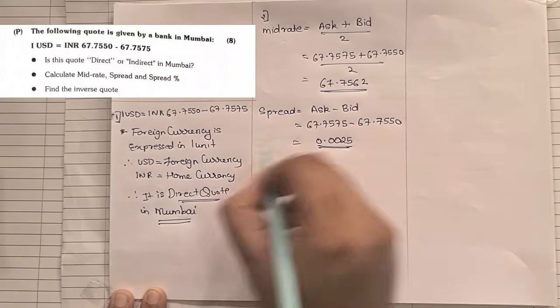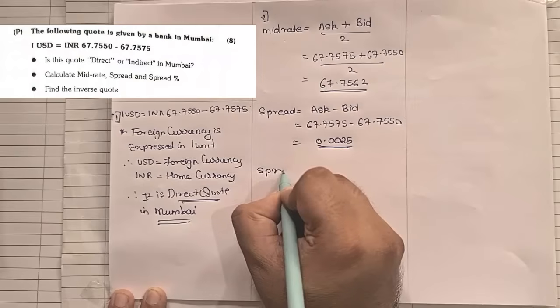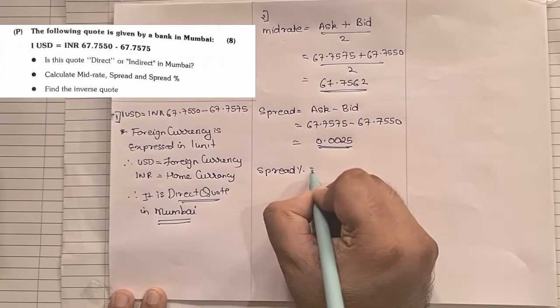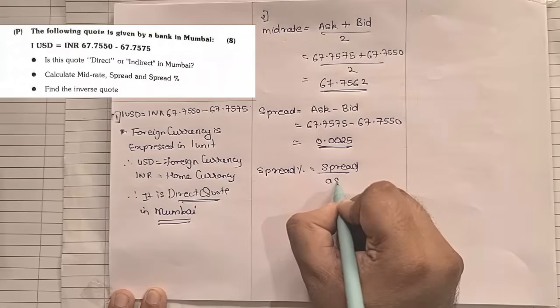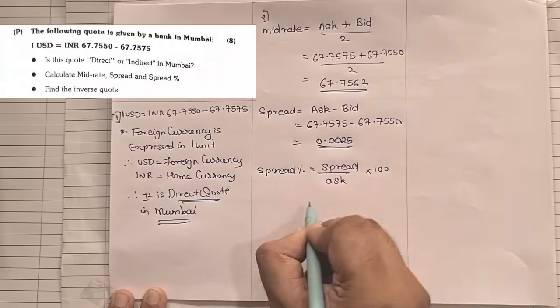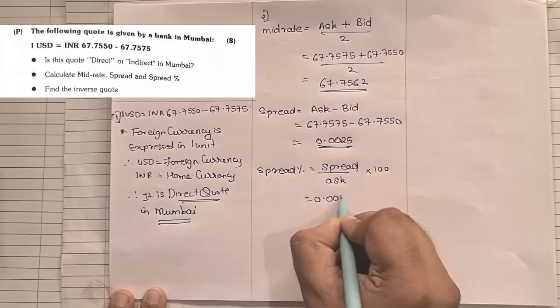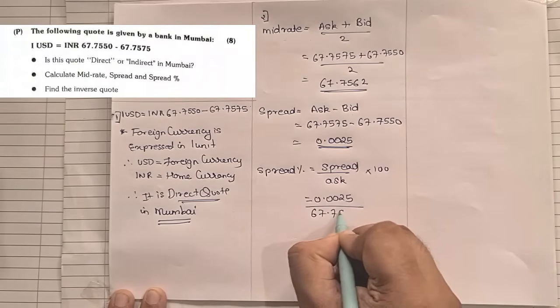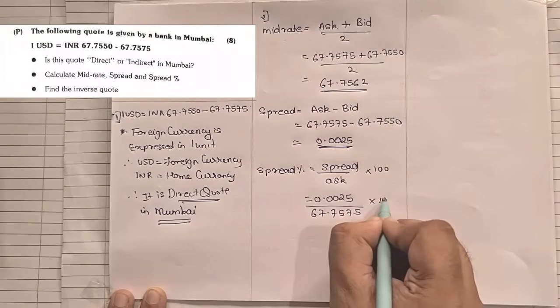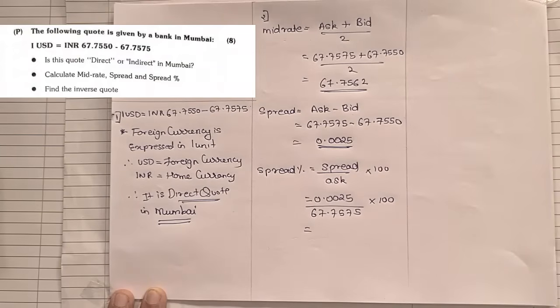0.0025. And lastly in that part they ask you to find the spread percent. So spread percent is nothing but spread upon ask into 100. We already found the spread, 0.0025. Ask is 67.7575 into 100.